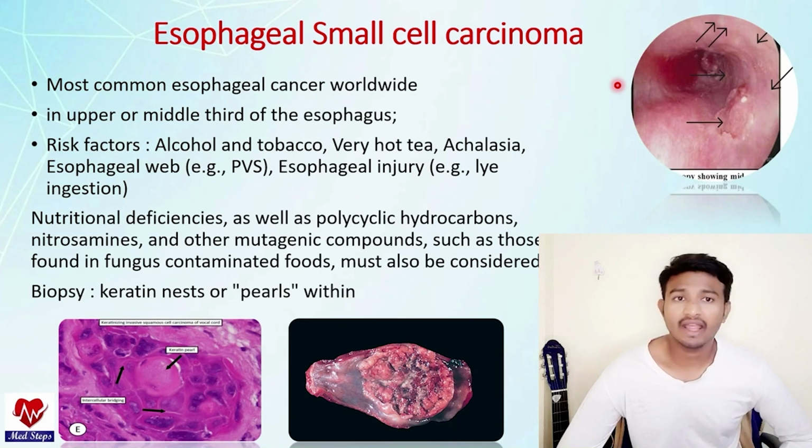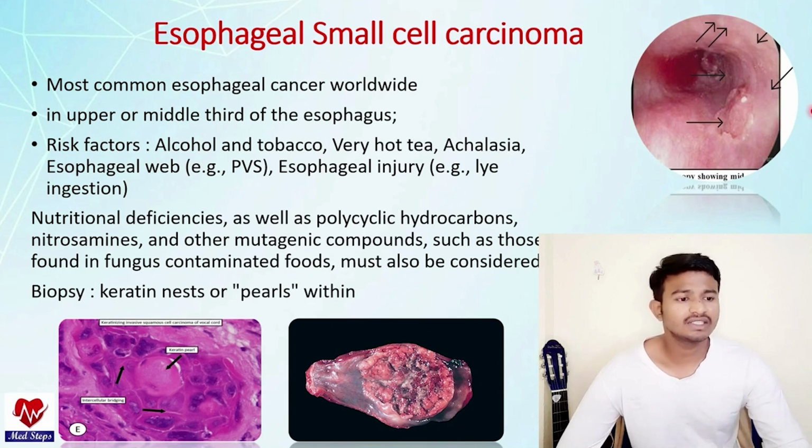In that food they add nitric oxide and other mutagenic compounds, such as those found in fungus-contaminated foods. Fungus-contaminated foods means, for example, vegetable pickles, and must also be considered in this carcinoma.